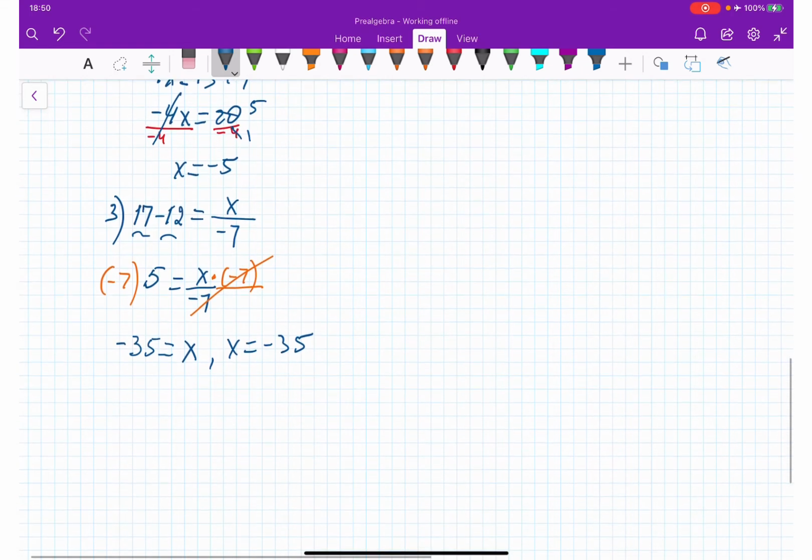Question number 4. What do we have here? 3 times a number, here it is, decreased by 2. There we go, decreased by 2. Okay. Question number 5. The quotient, right away, put the fractional line.